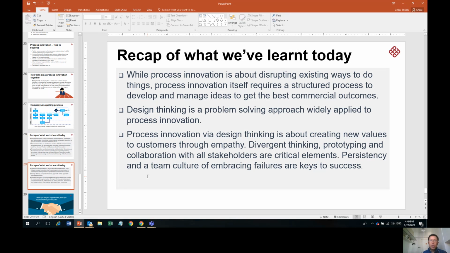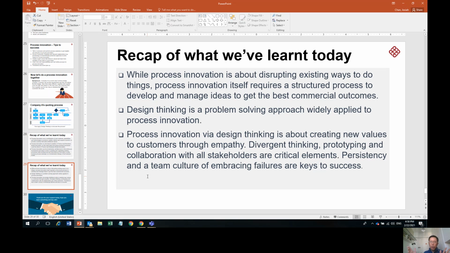Design thinking is a problem-solving approach when applied to process innovations. If you want to do process innovation, you need to know about design thinking. Process innovation via design thinking is about creating new value for the customer through empathy, so you need to see from the customer's eyes. Divergent thinking means you collect as many ideas as possible.